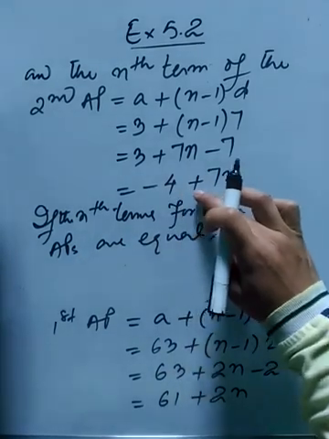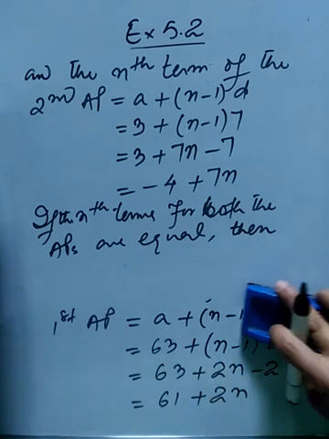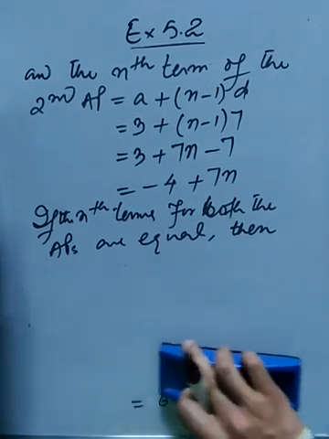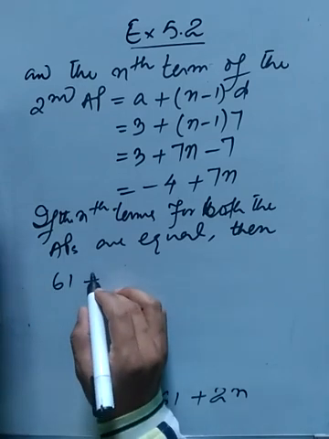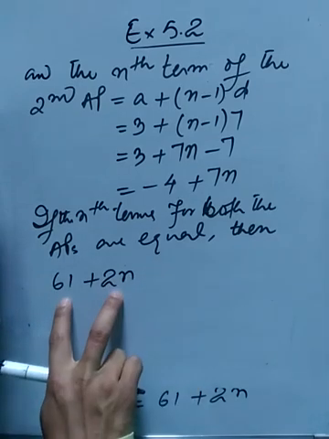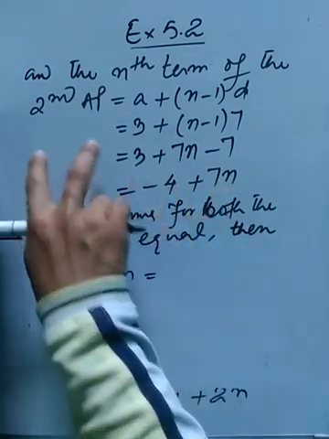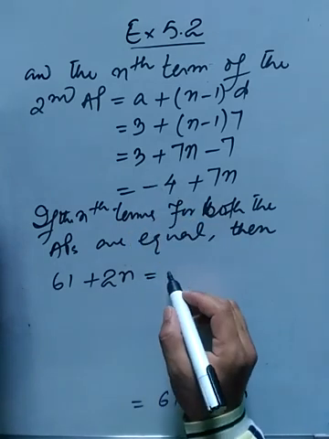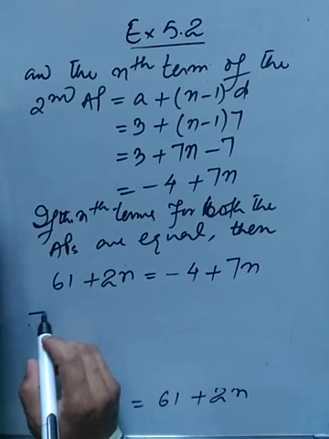This minus 4 plus 7n is equal to this 61 plus twice n. So 61 plus twice n, the nth term of the first AP, will be equal to the nth term of the second AP, which is minus 4 plus 7n.